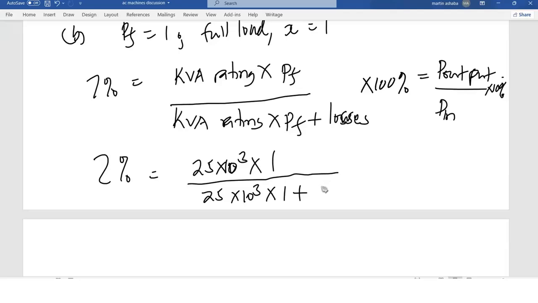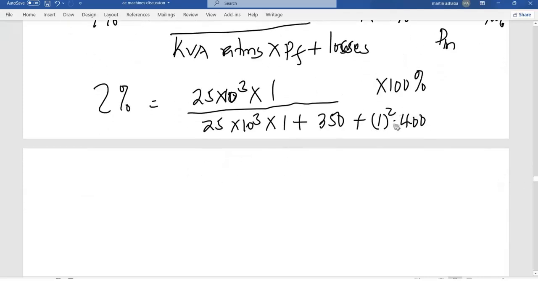Losses will have iron losses, which are equivalent to 350, plus 1 squared times the copper loss, and the copper loss is equal to 400 watts. So everything times 100. We shall see the condition in the next part of this question, where x is not equal to 1, but is equal to a half. So it will be x squared times 400, and we shall substitute in the value for x.